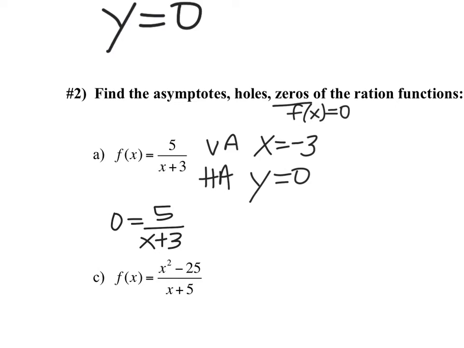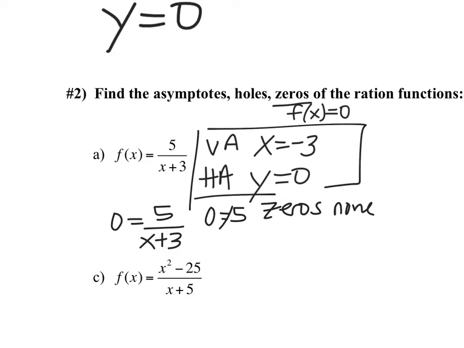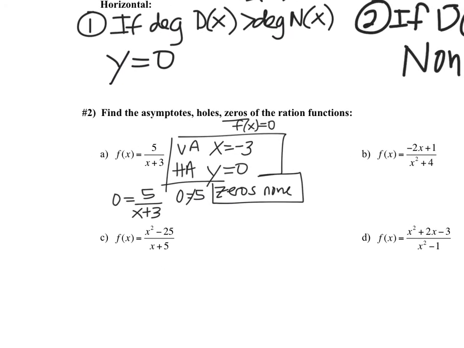If you don't believe me, then you can cross multiply. When you cross multiply, you get 0 equals 5. Does 0 equal 5? No. So there's no zeros, and there's no holes in the graph. So there you go. Vertical asymptote, horizontal asymptote, zeros, none. The zeros are the x-intercepts that we learned. We did those when we were doing our polynomials.